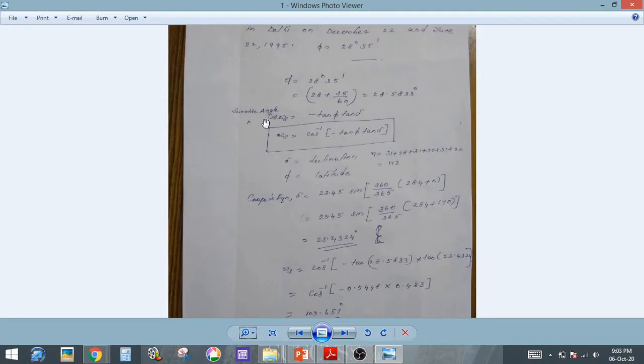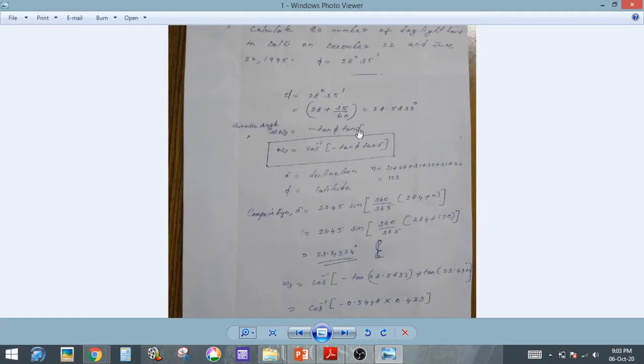This omega s is sunrise angle, and the sunrise angle is related to the declination angle and latitude of the location by the formula cos omega s equal to minus tan phi tan delta. This phi indicates the latitude and delta indicates the solar declination.